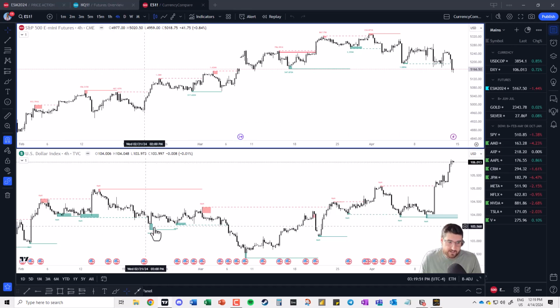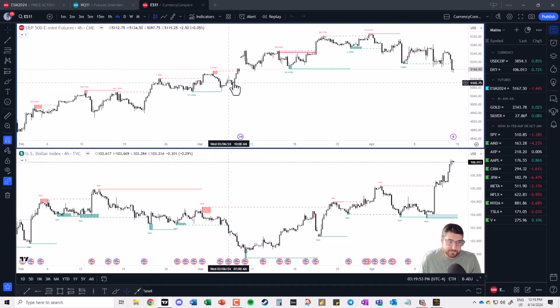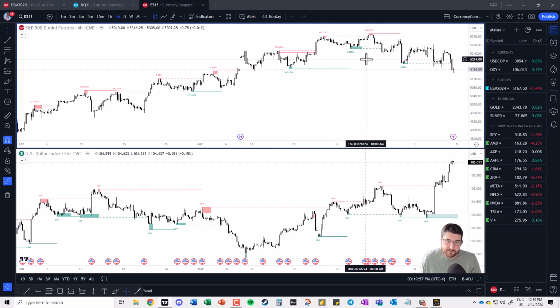As the dollar becomes a little bit weaker, the market goes up higher. And then during this period, they were in sync, so that kind of throws trading off, right? Because they're supposed to be going the opposite way. So something's up, right? And then from here, it starts to reverse.